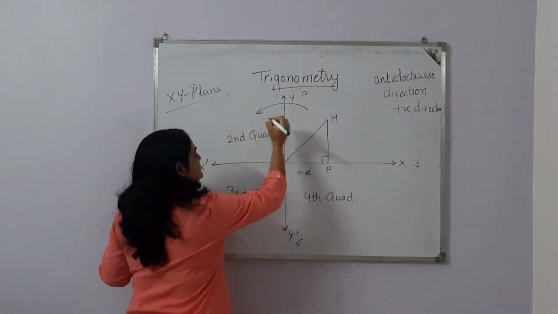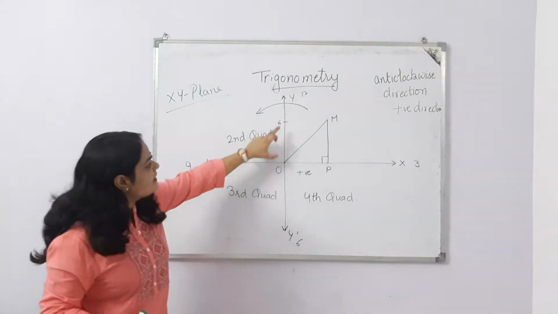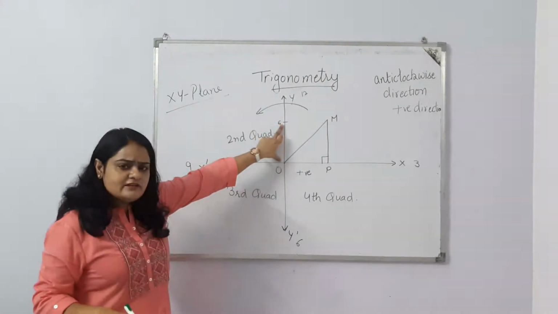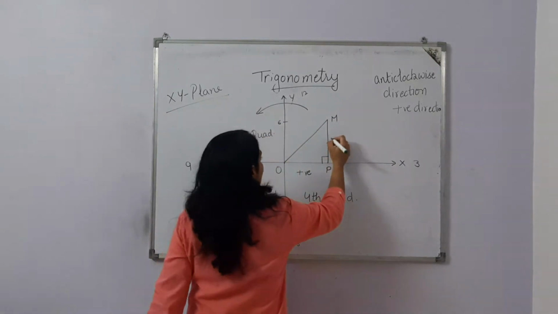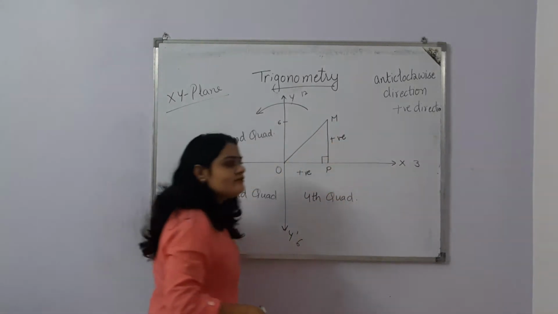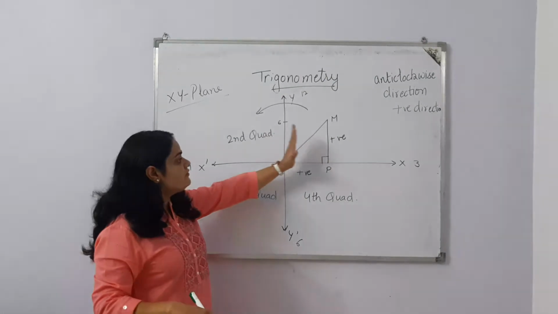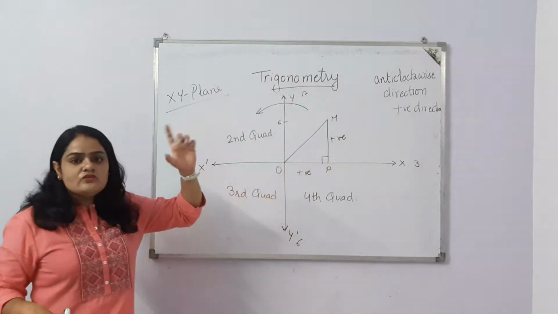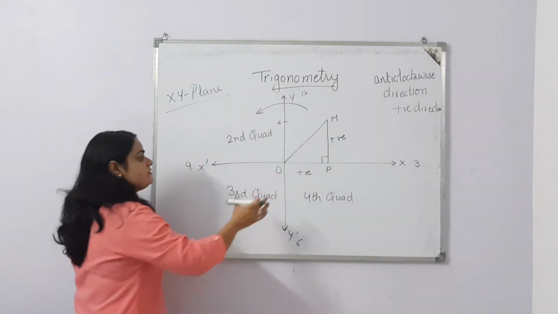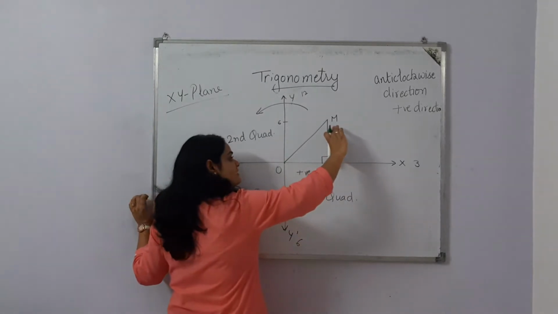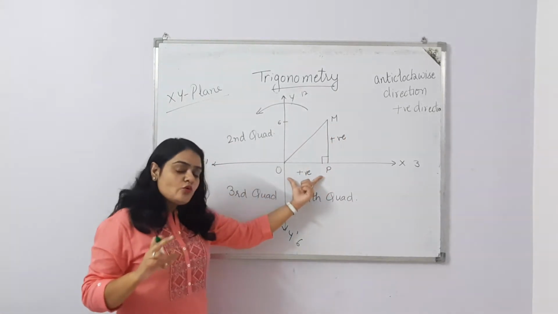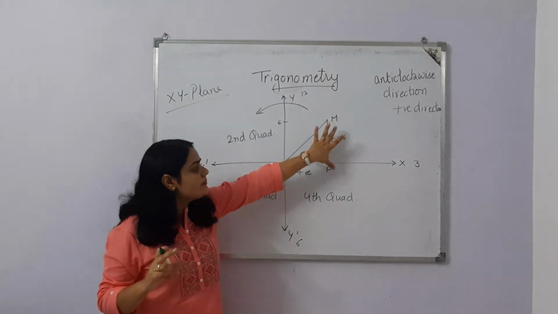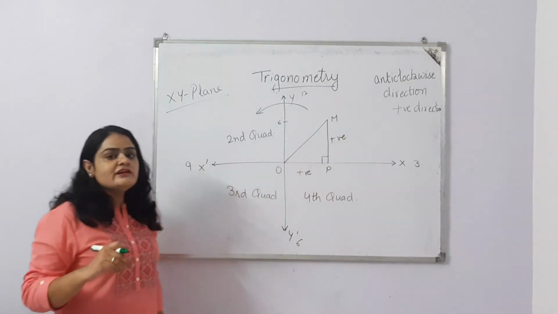If this point is, let's say, 6, that means we are covering 6 points on the y-axis, which is again the positive side of the y-axis. So we are getting a positive height. This is a positive base and a positive perpendicular: OP is your base, MP is your perpendicular.